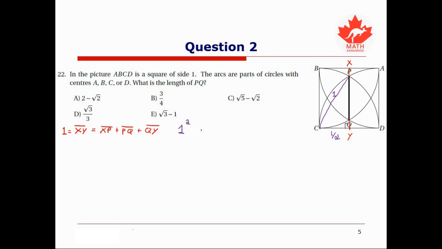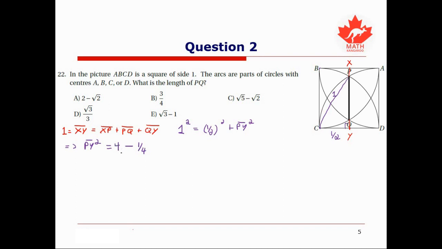So CYP gives us a right angle triangle, and using the Pythagorean theorem, we know that the hypotenuse squared, which is just 1, must be equal to 1/2 squared plus the length from P to Y squared. Rearranging these terms, we find that the length from P to Y squared is equal to 1 squared, which is 1, minus 1/2 squared, which is 1/4.